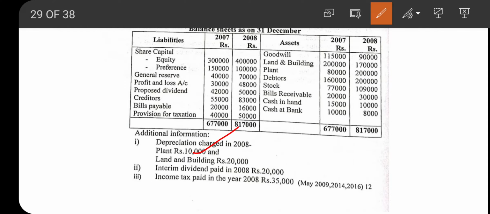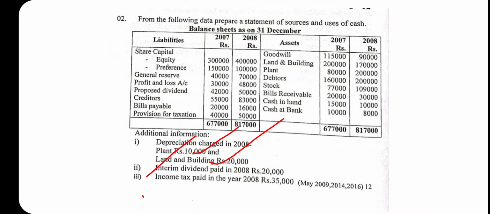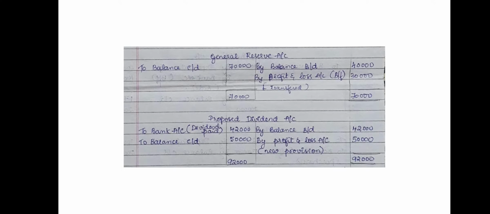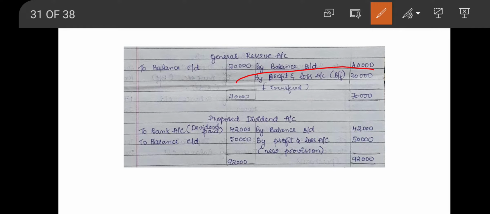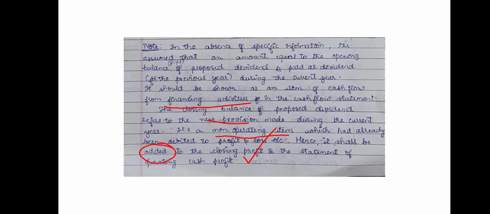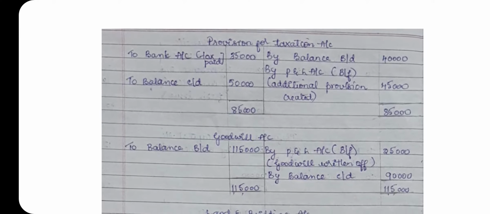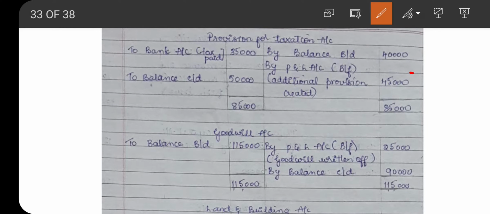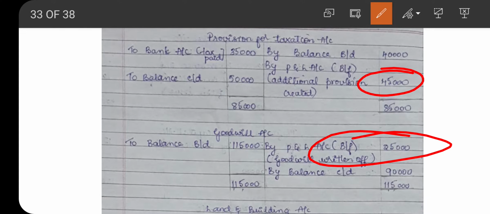So we have depreciation on plant, depreciation on land and building. These are non-operating, non-cash expenses. Interim dividend paid, then transfer to reserve 30,000, proposed dividend provision 50,000, provision for taxation, the additional provision 45,000, goodwill written off.